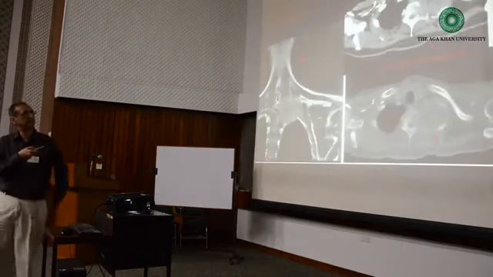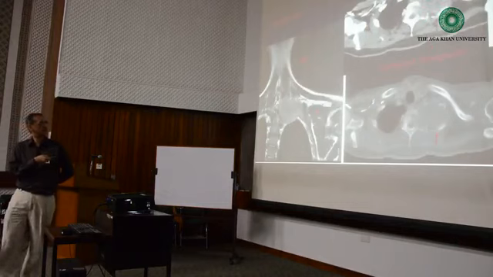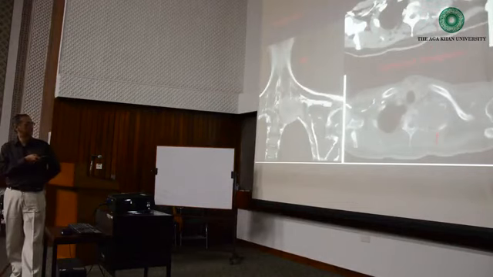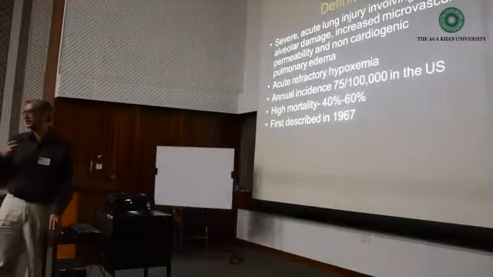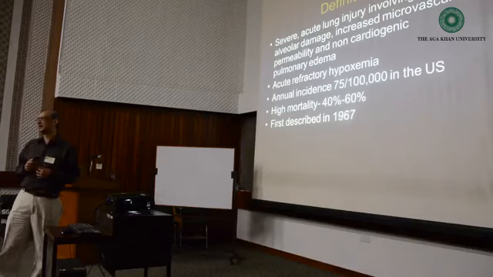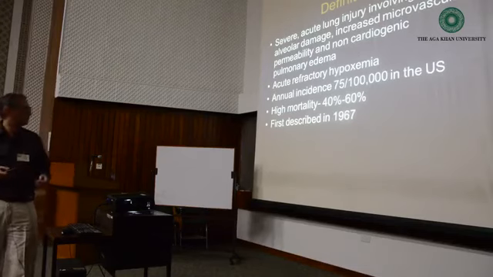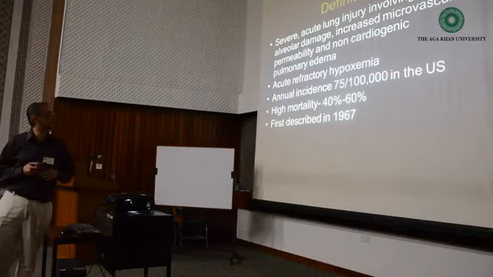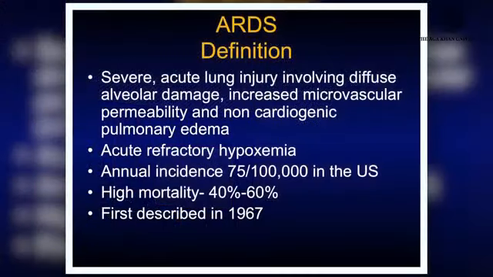A CT scan will show that the vertebra is also eroded and the ribs are eroded. And that is an MR image, and you can see the tumor here in the lung apex. This type of tumor is called a Pancoast tumor or superior sulcus tumor, and it has a tendency to affect the skeleton.